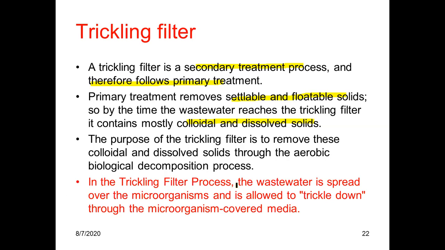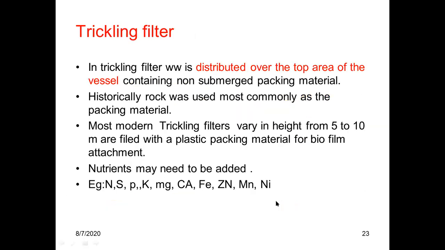In the trickling filter process, the wastewater is spread down over the microorganisms and is allowed to trickle down to the microorganism-covered media. Trickle down, or allowed to flow down. In a trickling filter, wastewater is distributed to the top area of the vessel containing non-submerged packing material.